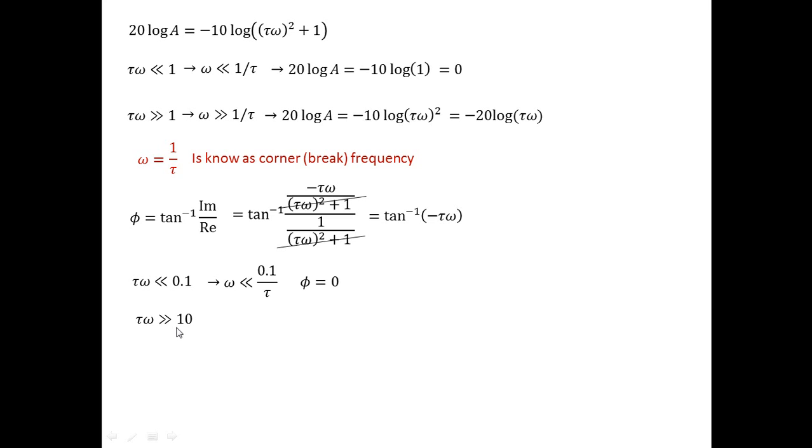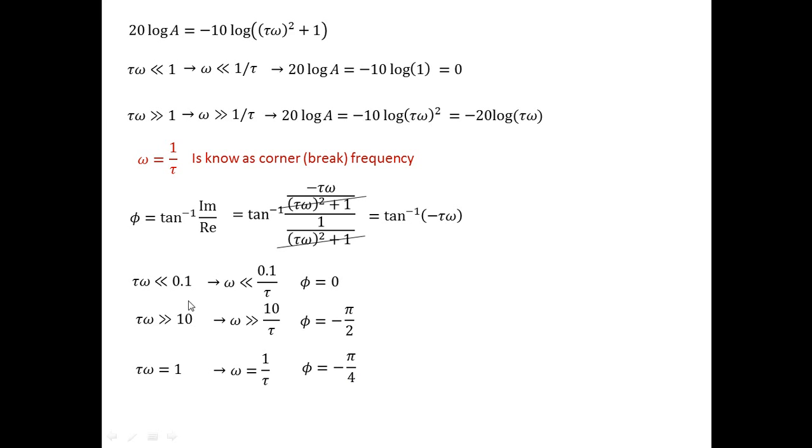If tau omega is much bigger than 10, it means omega is much bigger than 10 over tau, so the tangent in this one will be a huge minus value, which means tangent inverse of almost infinity will be minus pi over 2. In a special case, when tau omega is equal to 1, which means omega equal to 1 over tau, at the corner frequency, phi will be minus pi over 4.